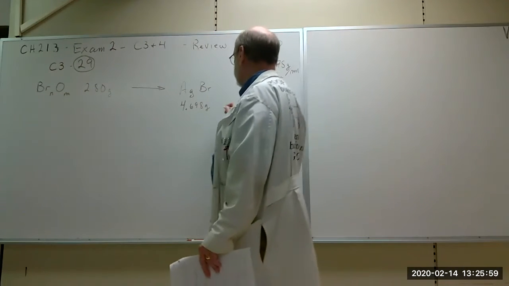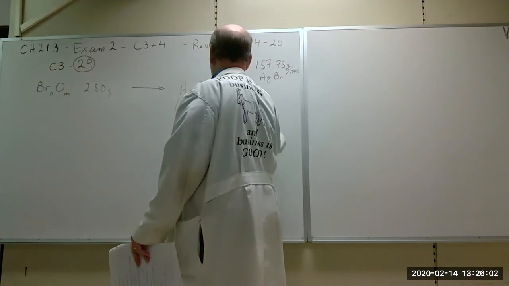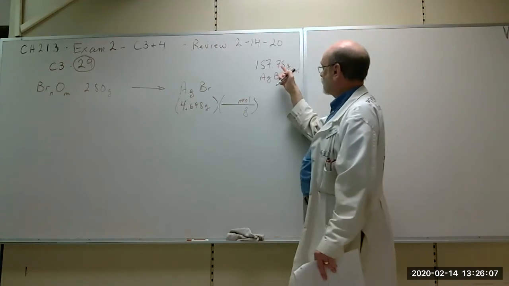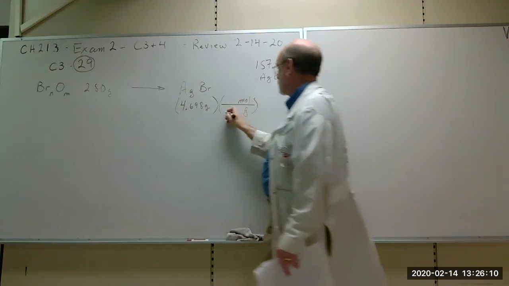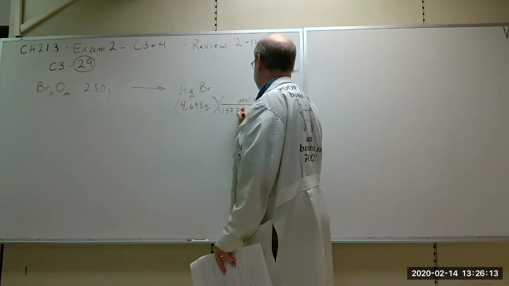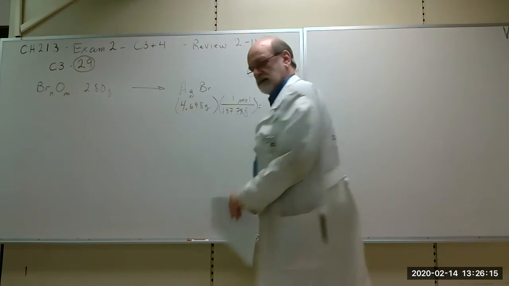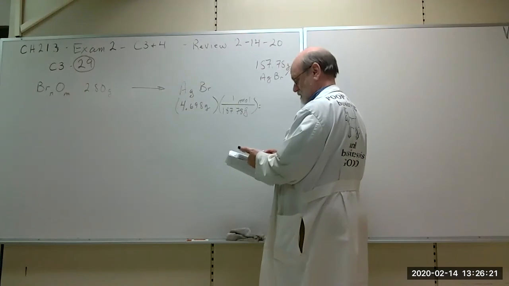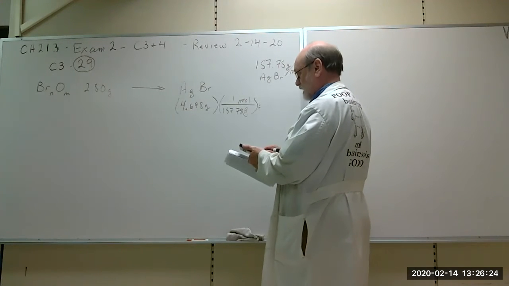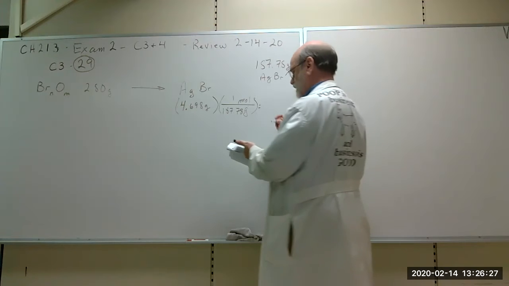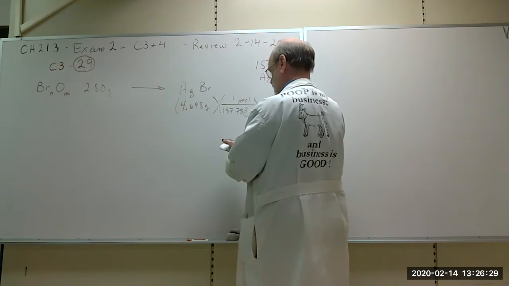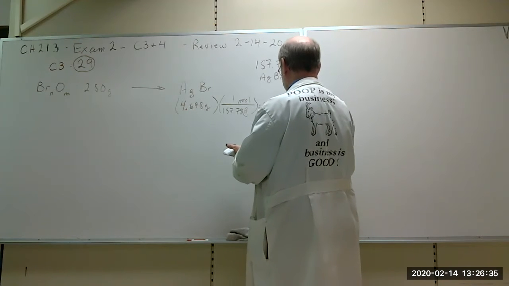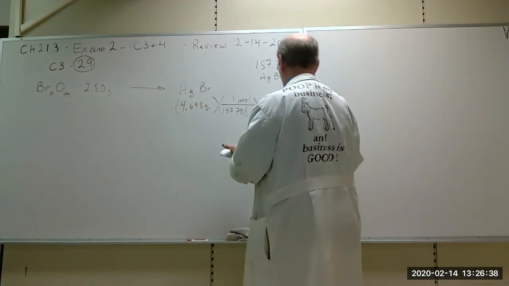So if we convert this to moles of silver bromide, we'll put this one on the bottom, grams here. There. Okay, and we need a calculator. 4.698 divided by 187.8. So this is 2.50 times 10 to the minus 2 moles of silver bromide.